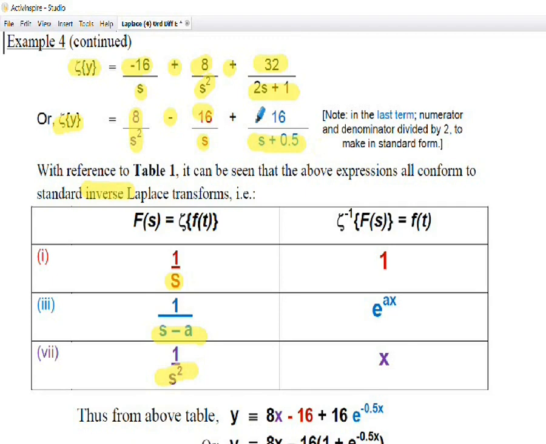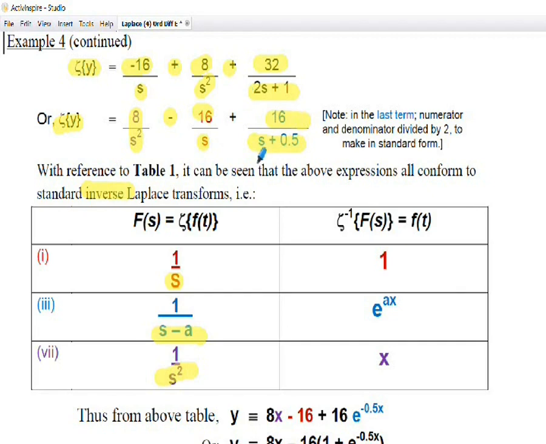I need to get rid of the 2 associated with the s. So what we do here is divide the top and bottom by 2. Dividing 32 by 2, we get 16. Dividing the 2s by 2, we get s, and dividing the 1 by 2, we get 0.5. So now I've got my s plus a format on the bottom.